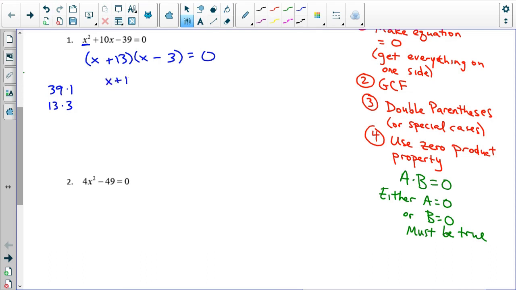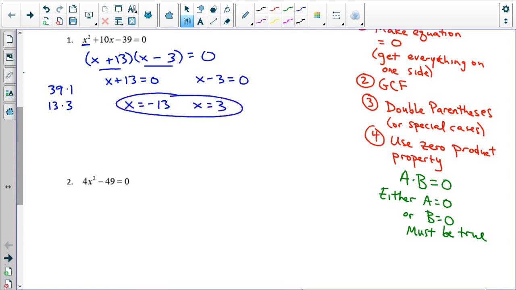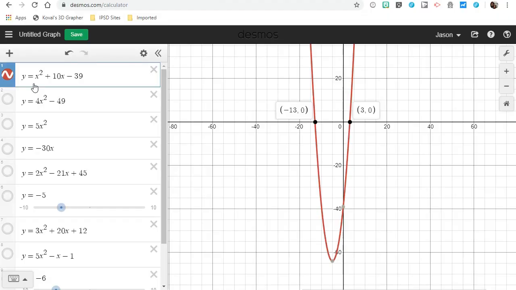So I can then set x plus 13 equal to 0 and x minus 3 equal to 0, because by the zero product property, either x plus 13 or x minus 3 must equal 0. So in this case, x equals negative 13 and x equals 3 are my two solutions. If we look at x squared plus 10x minus 39, we see that the x-intercepts are negative 13 and 3.